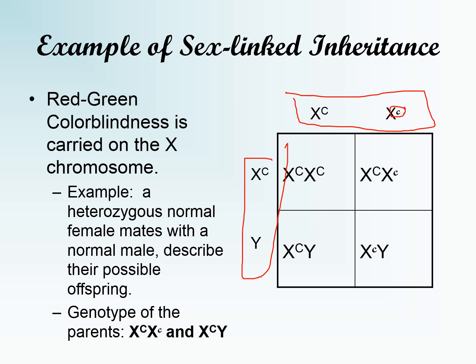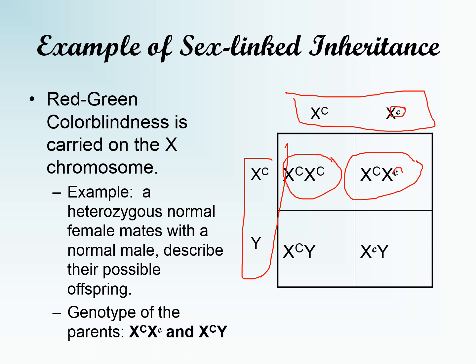So you have to account for this type of inheritance. You have to account for the sex of the offspring, and then also the inheritance pattern of the alleles. In this case, this girl is going to be normal. This girl is also going to be normal.